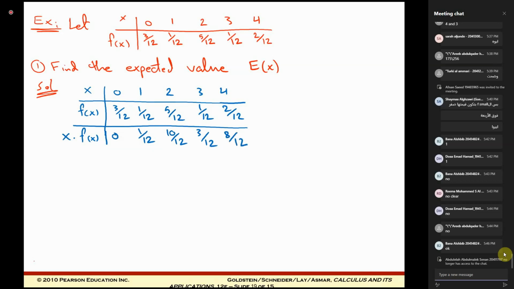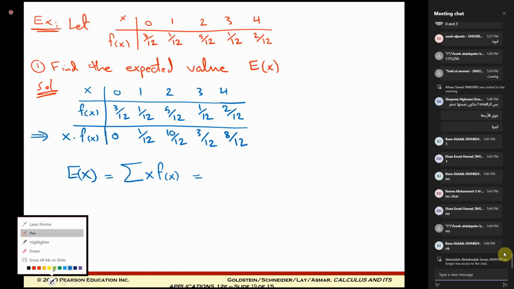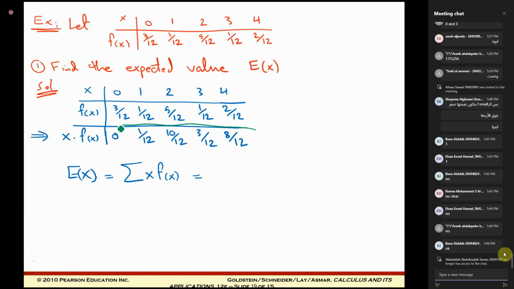Now the expected value equals what? The summation x multiply f of x. The summation equals 22 over 12.